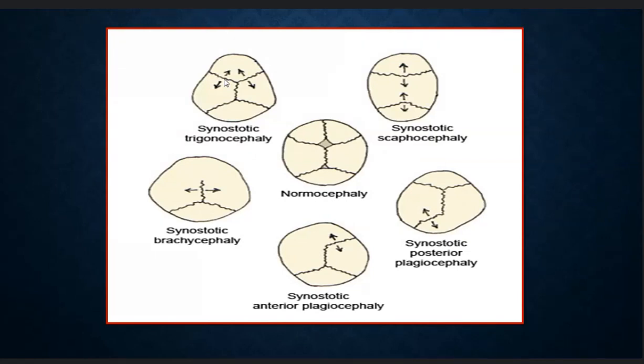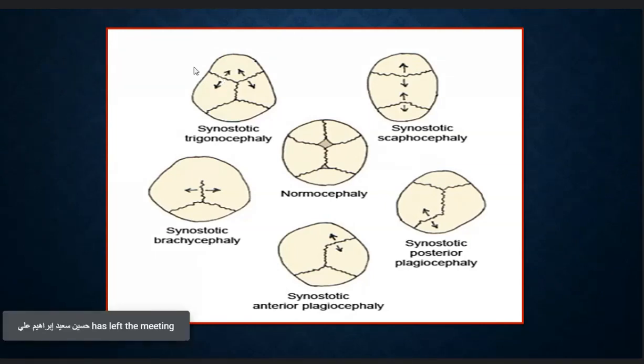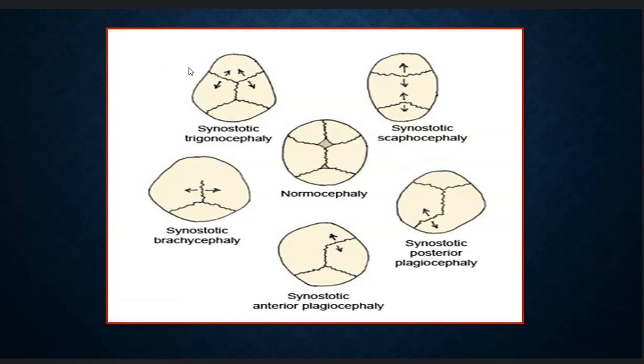Because the brain is still growing and looks for space for growth, so the expansion occurs in the other sutures. Of course, this will alter the normal shape of the head. Here we have what is called trigonocephaly. You notice a prominent forehead, and the head looks triangular if you see it from above.